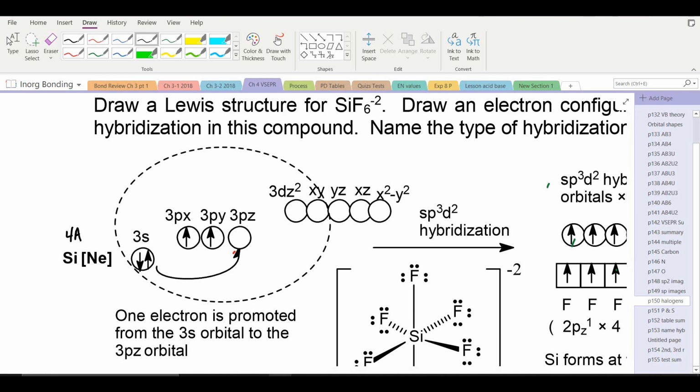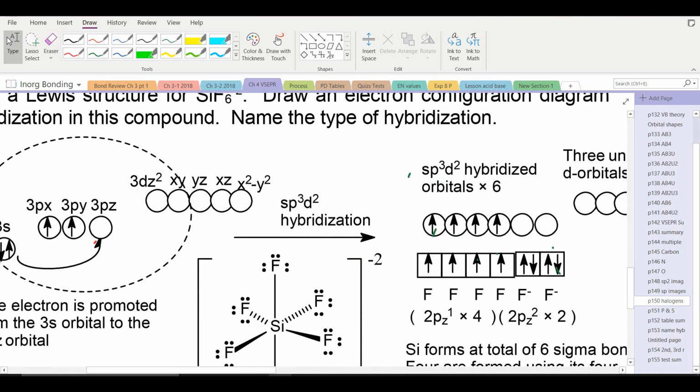So we're saying the hybridization is sp3, and we need 2 d orbitals, so it's sp3d2. Notice we promote 1 electron. We still need 2 of these empty orbitals to accommodate the pairs of electrons that come from the 2 fluorides. That's sp3d2 hybridization.